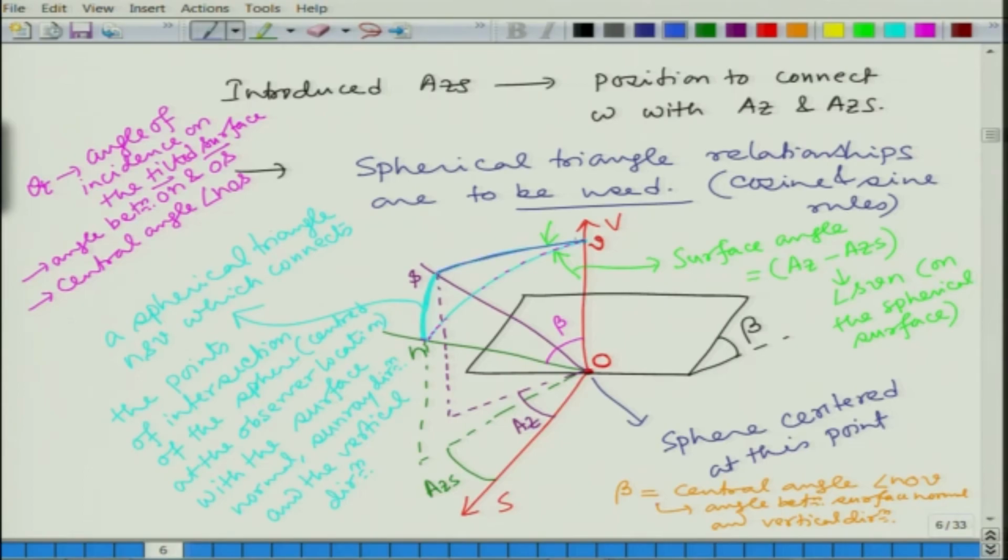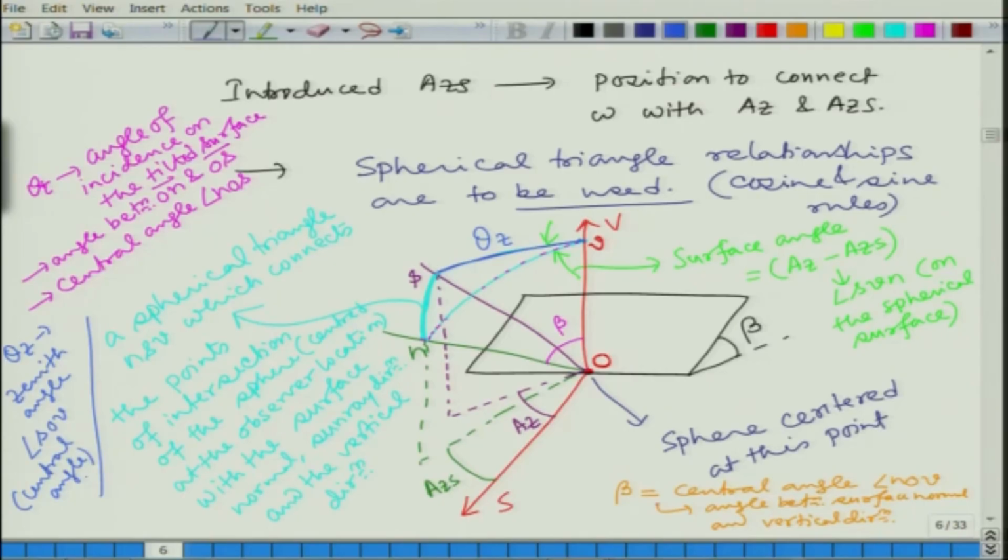Okay, that is also a central angle, an angle between the vertical and the solar direction. So, that is the zenith angle, right. So, this theta z is the zenith angle and it is the central angle SOV.